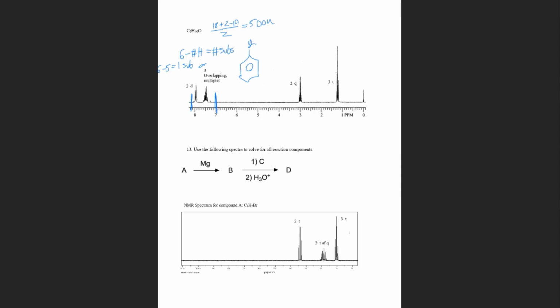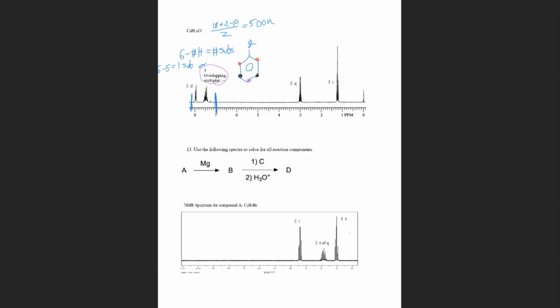So I will tell you that as a result, we get a group here, we get a group here, and we get a group down below. So there's 3 groups. So that means that the black and the purple are represented here because they're far away from Y. They don't really feel the effects, and so they are very similar chemically. So now that we have a picture of what our benzene looks like, we only have to solve for Y and then connect to the benzene ring.